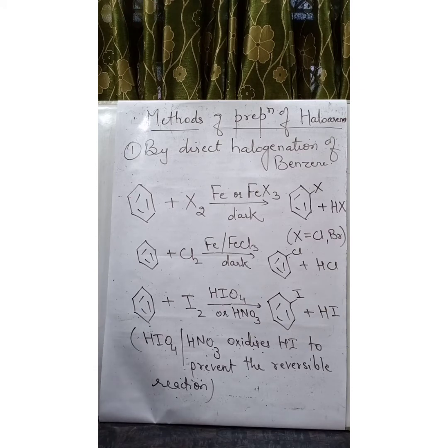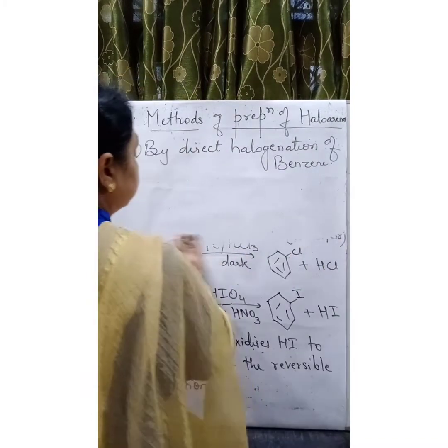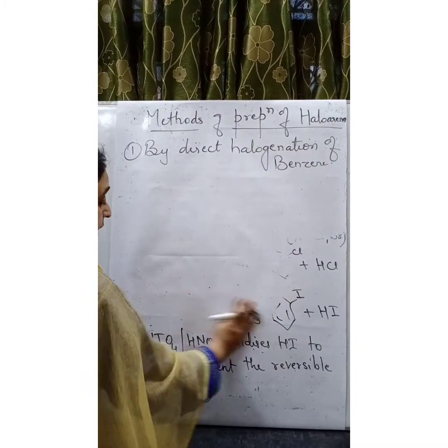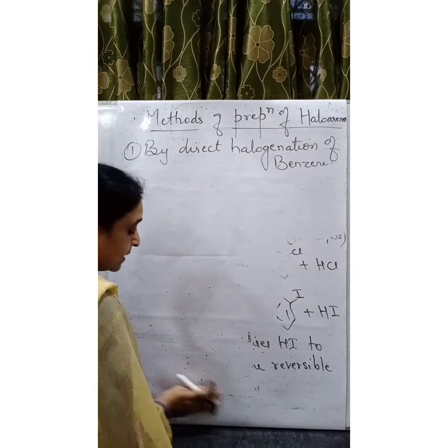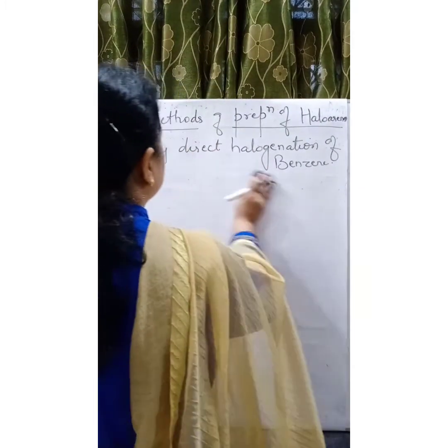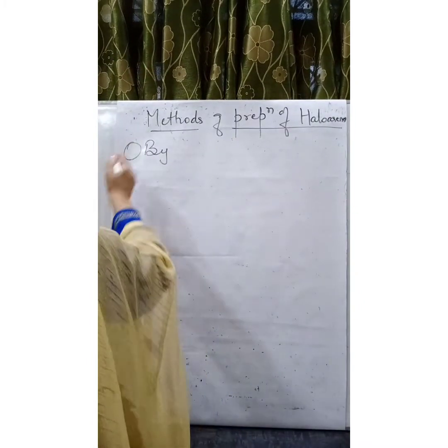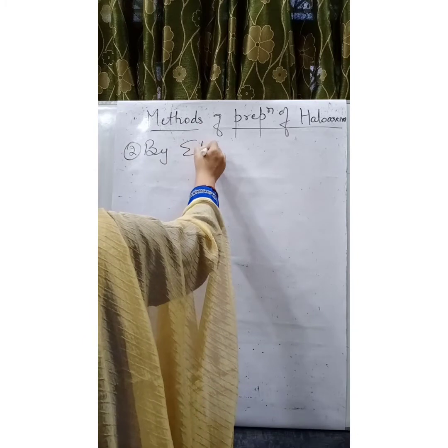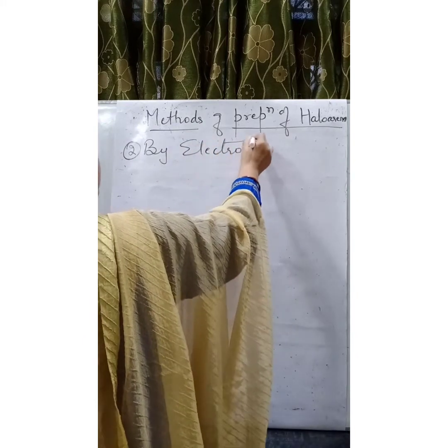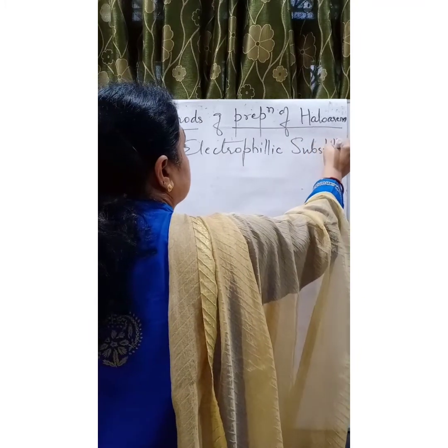Now the next method is by electrophilic substitution. Electrophilic substitution means the attack on the electron loving site. The next method of preparation of haloarene is by electrophilic substitution.